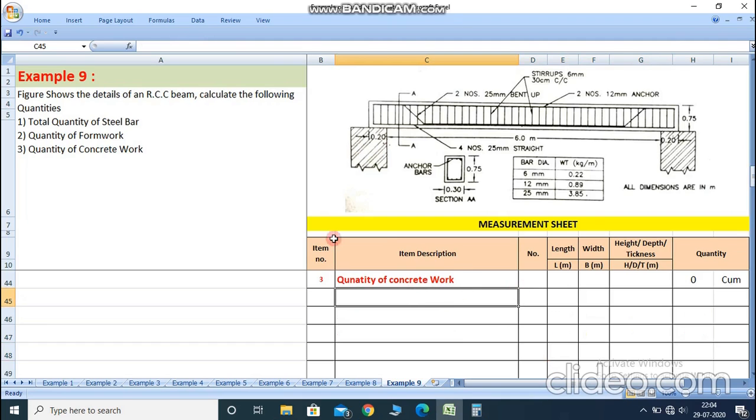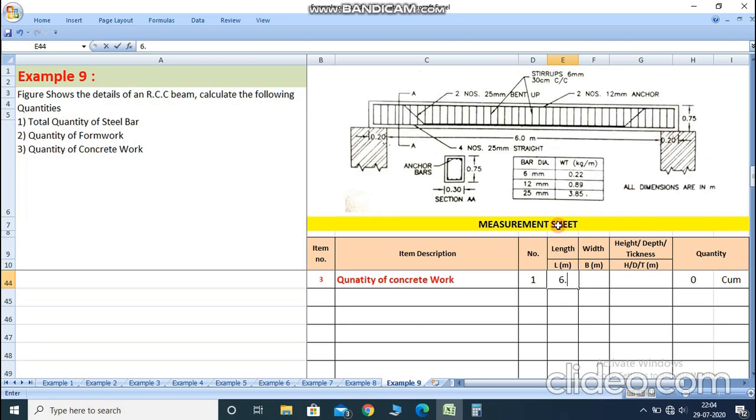Now the quantity of the concrete work. The quantity of the concrete work is the third item we calculate. Here a single beam is provided, so first we write 1. Then the length of the beam is 6 plus 0.2 plus 0.2, left side and right side both 0.2 is given.